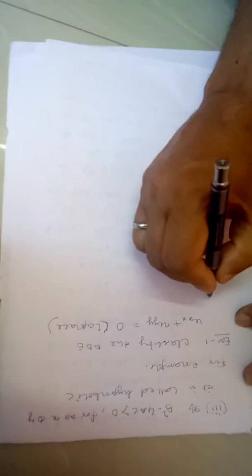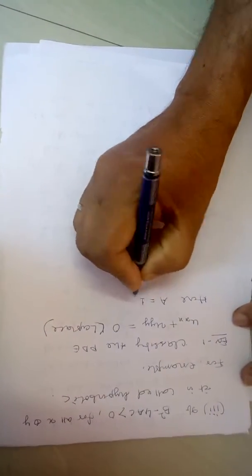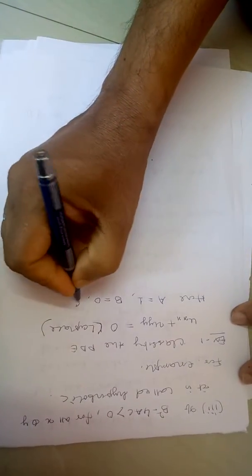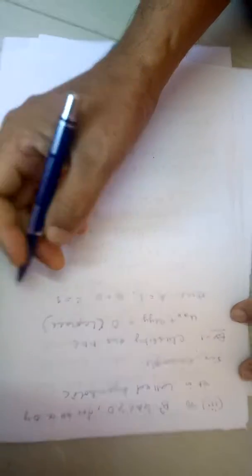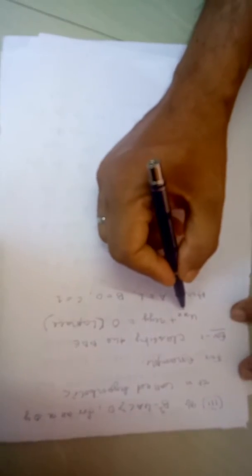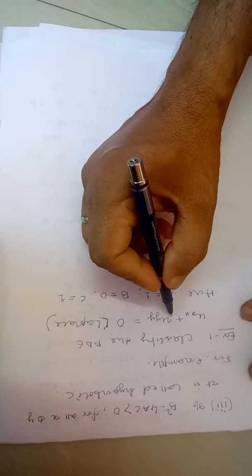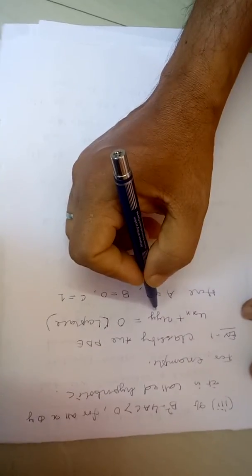Now here you can say a equal to 1, b equal to 0, c equal to 1, and D, E, F all are 0. Here A means the coefficient of uxx, B means the coefficient of uxy which is not available here, and C means the coefficient of uyy.